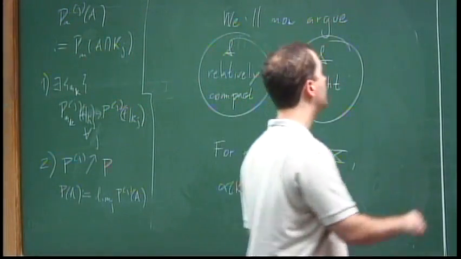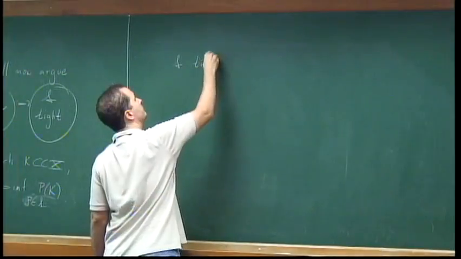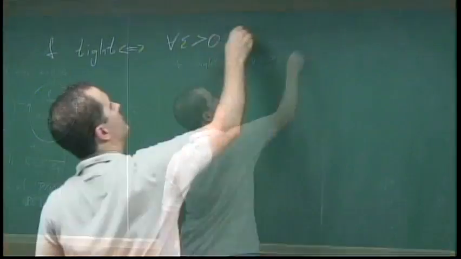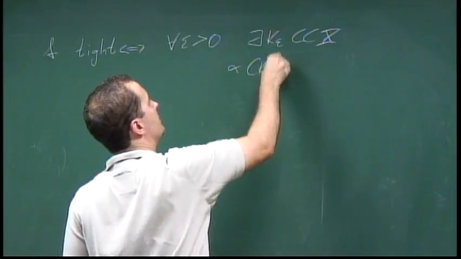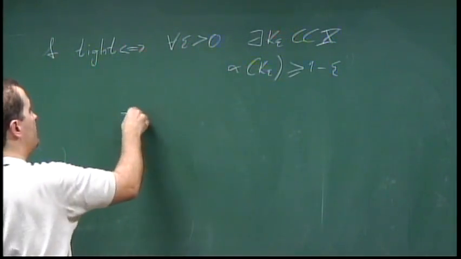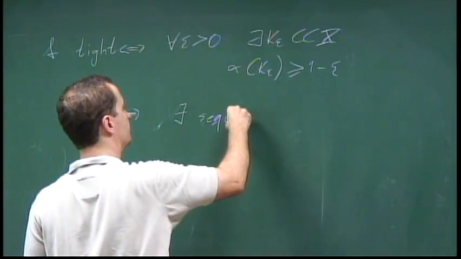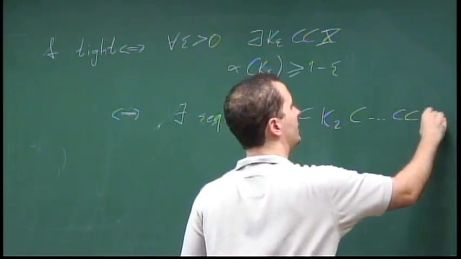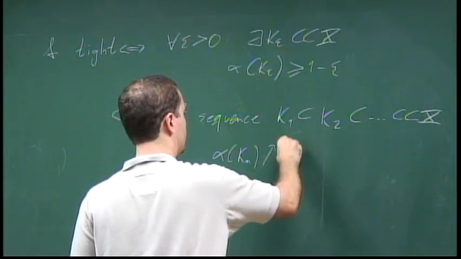So let's see. S is tight if and only if for all epsilon there exists a k epsilon with alpha of k epsilon greater than 1 minus epsilon. And this is the same thing as saying that there exists a sequence K1, K2, all compactly contained in X, such that alpha of Kn converges to 1.